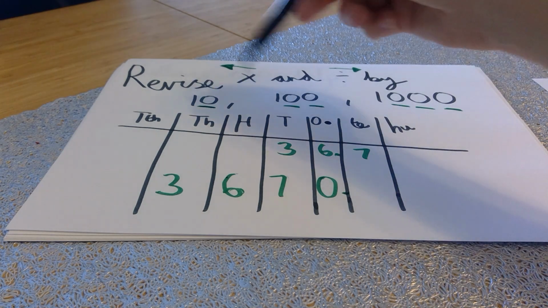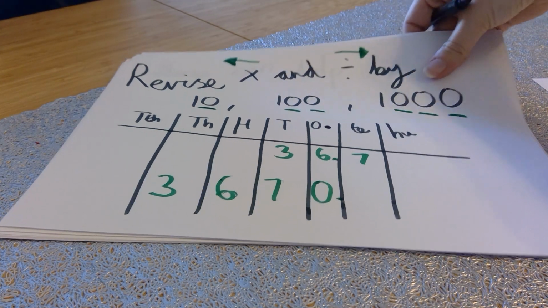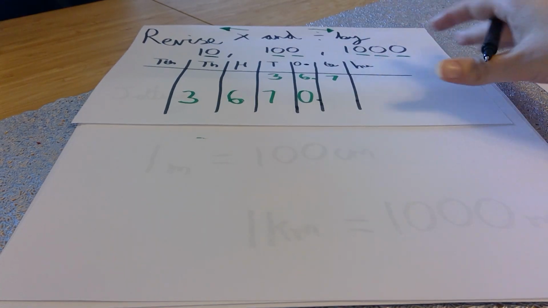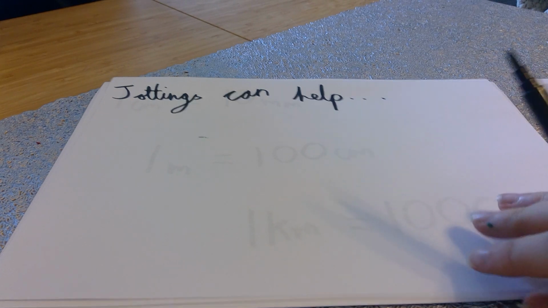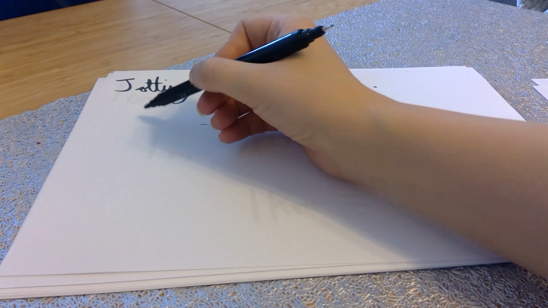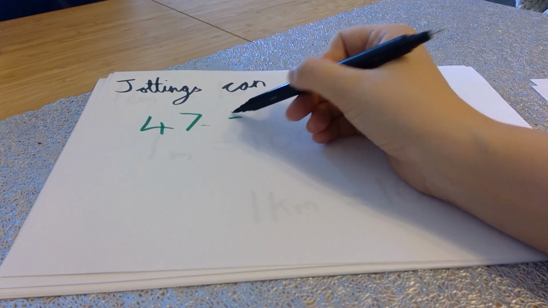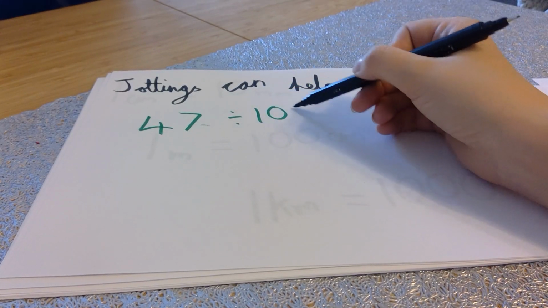We're going to carry on thinking about this, but we're going to use jottings now to help us. So, if I've got 47 divided by 10.